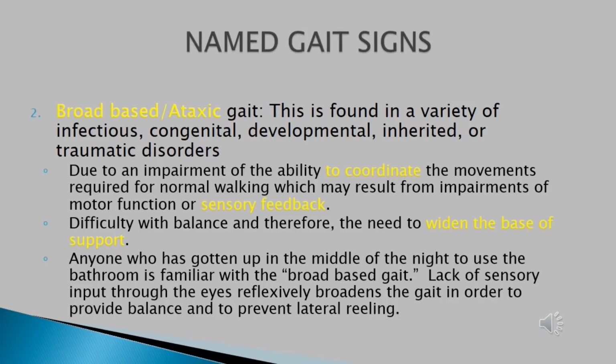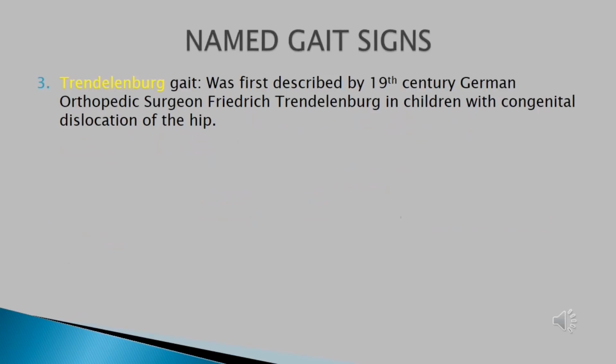Therefore, they have difficulty with balance, and therefore they have a need to widen the base of support. And I gave an example earlier of getting up in the middle of the night and trying to get down to the bathroom without bumping into walls on both sides of you. And I have a video of the broad base gait coming up for you shortly.